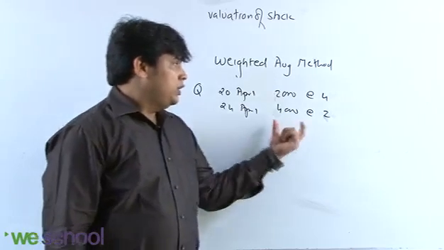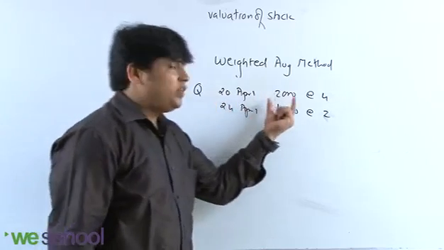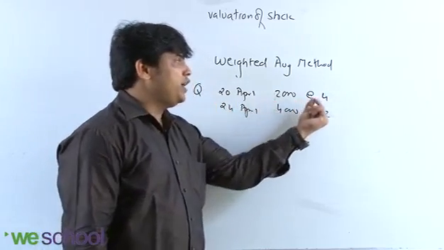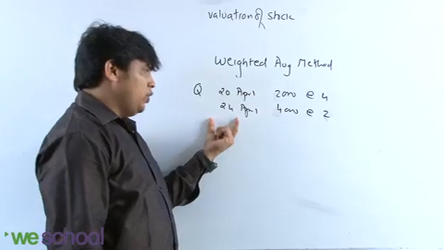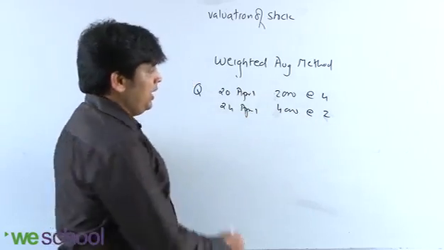So in this example, on 20th April we purchased 2000 units at the rate of 4, and again on 24th April we purchased 4000 units at the rate of 2, right?